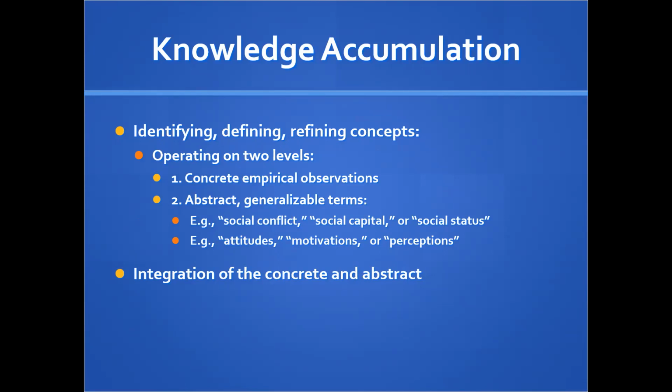For example, social conflict, social capital, or social status. For example, attitudes, motivations, or perceptions. Out of the data, out of the numbers, perhaps you could come up with something general. Like, for example, in general, social status is significantly related to sex. Okay?